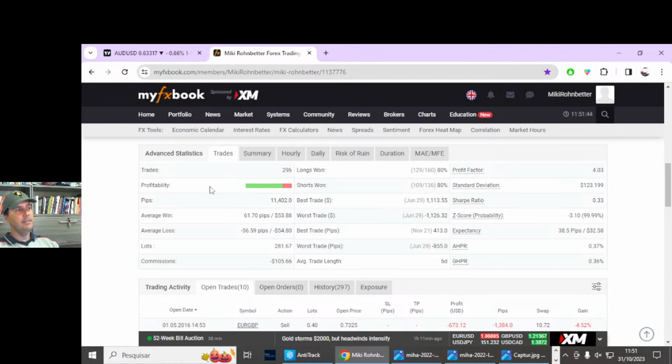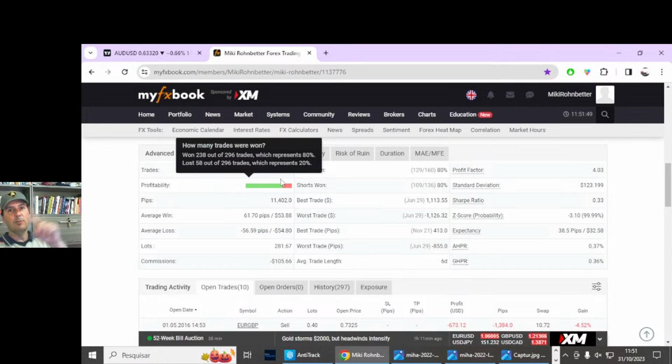If profitability is more red than green, this is not you being a trader. If profitability is more red than green, this means that you need to go back to Forex course 101 again. I'm sorry to tell you, this measures how good you are as an analyst, not as a trader.